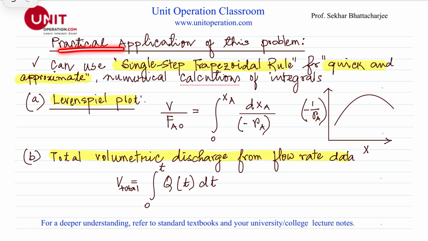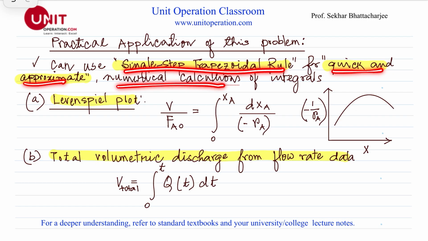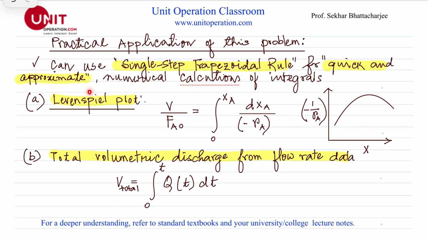There are many applications of this, because we can use the single step trapezoidal rule for quick and approximate numerical calculations of integrals, such as the Levenspiel plot, which is a very famous one. We can find the total volumetric discharge from flow rate data, V total, which is the integral of flow rate.